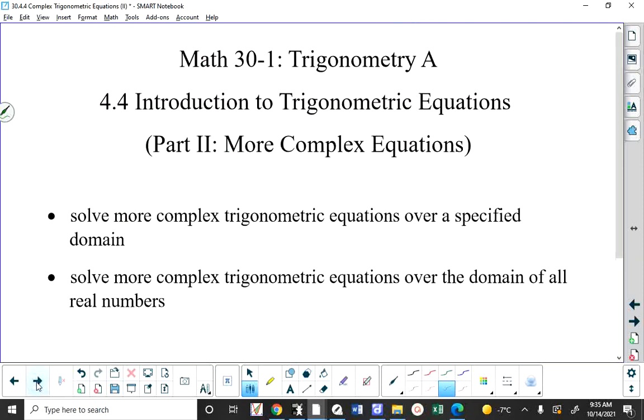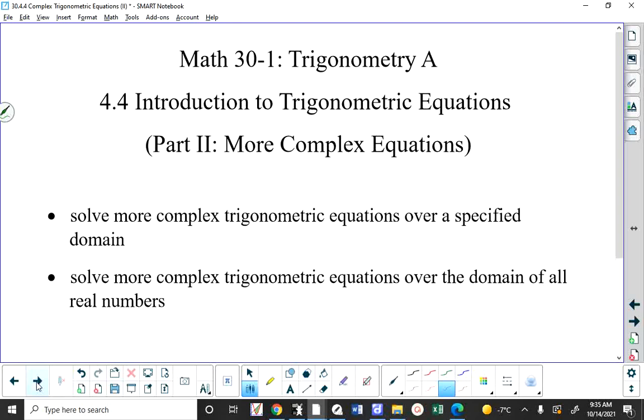Okay. Let's move on. We're going to be looking at what I call more complex trigonometric equations. They're more complex in the way that a quadratic equation is more complex than a linear equation. So we're going to be solving these trigonometric equations over a specific domain, like maybe 0 to 360 degrees.